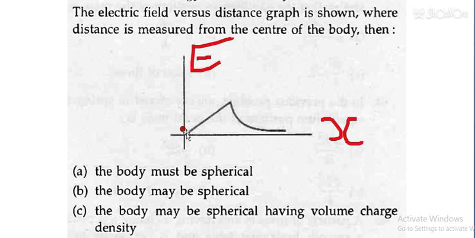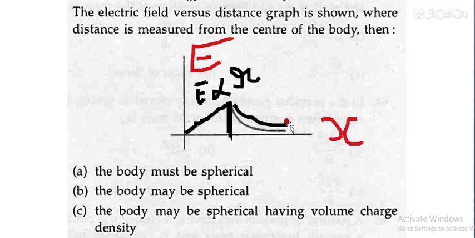Students, here up to this point electric field is directly proportional to R. That means whenever R is increasing, electric field is increasing. At this point the electric field is maximum, and after that it decreases with respect to distance.